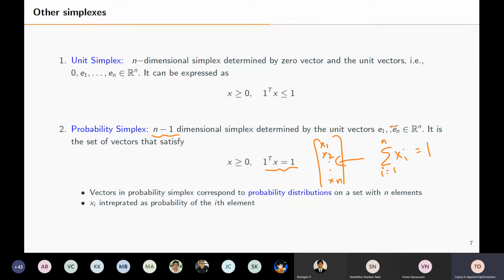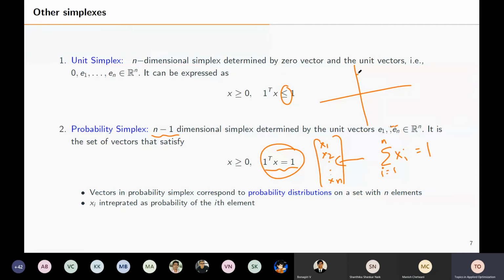We will see some examples of this, and why these things are interesting. Student: So sir, it would be a line, no? Yes, x greater than or equal to 0 and 1 transpose x equal to 1. Actually, this will be a very special case because you will not include the inner parts. It's like where the one norm is equal to 1. Yeah, so it will be like a line.